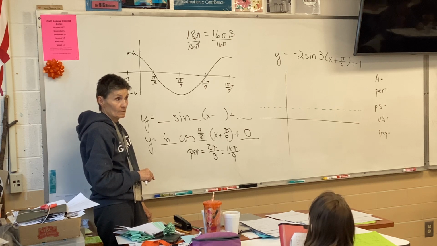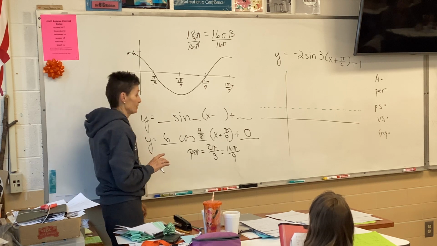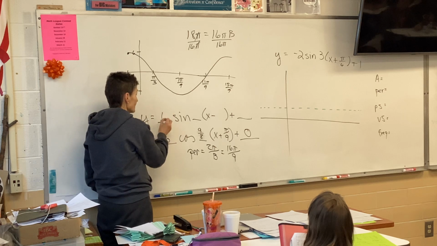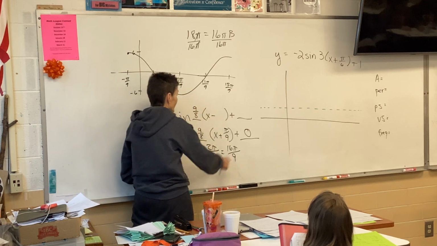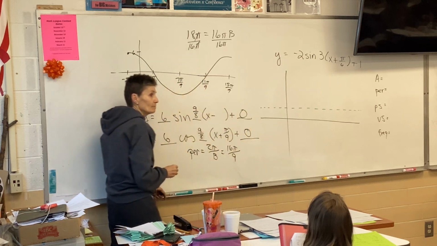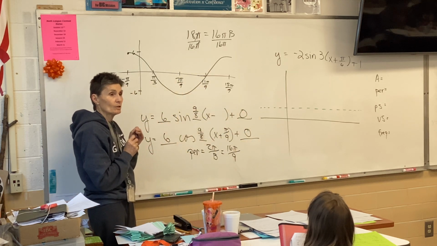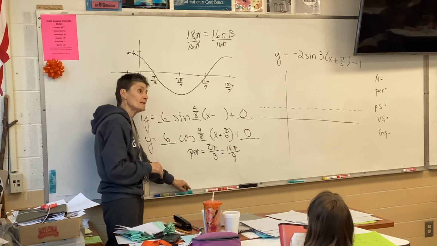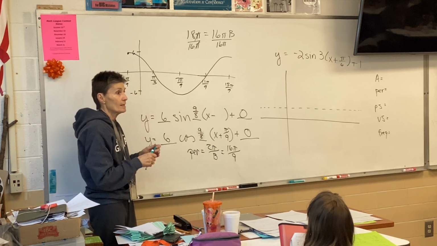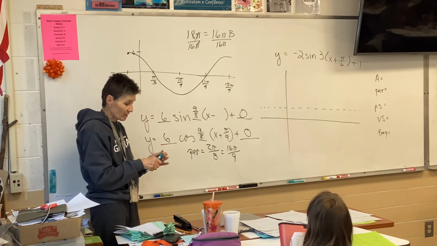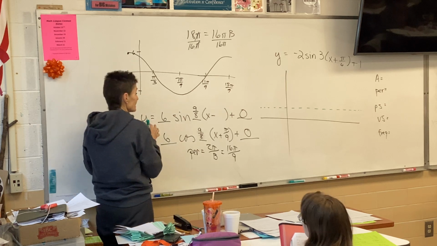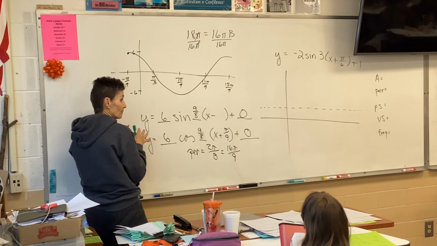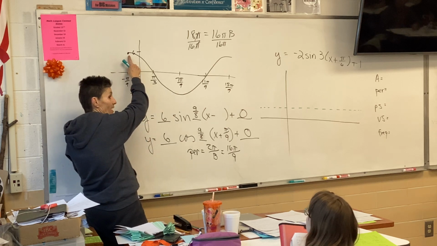Now, the good news is that number's going to stay the same, that number's going to stay the same, and that number's going to stay the same. When you write your second equation, the only thing that's going to change is where you start looking at the picture. Okay? So, if this is a sine, then I don't start looking at the top.